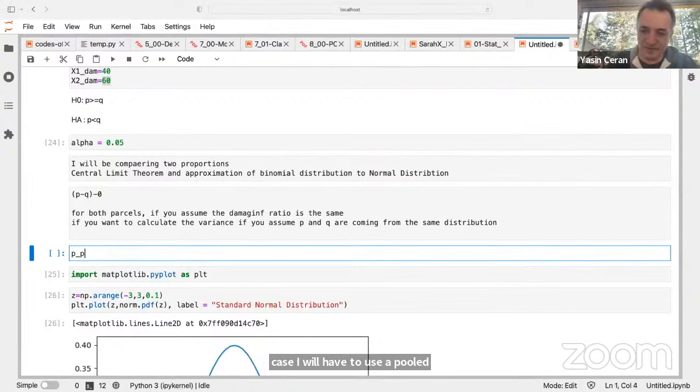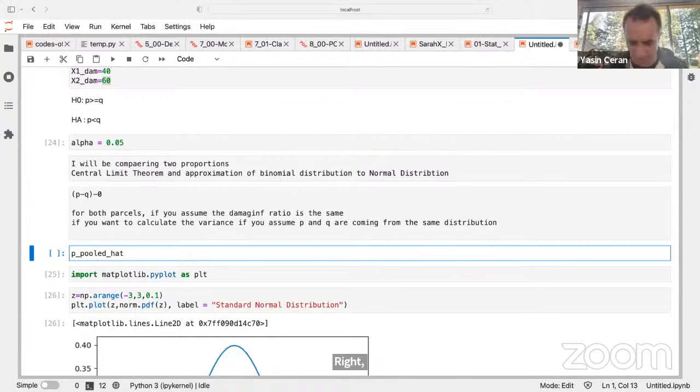P pooled hat. Those who know about hypothesis testing know that if you knew the variance of the population, you would use that variance.